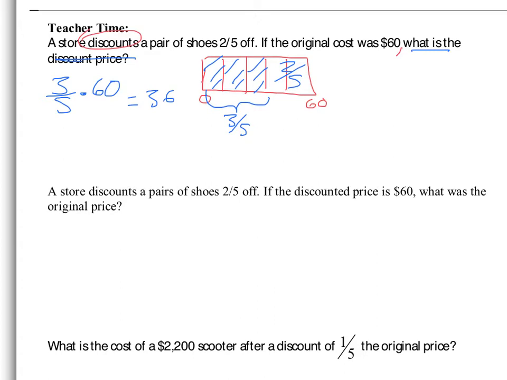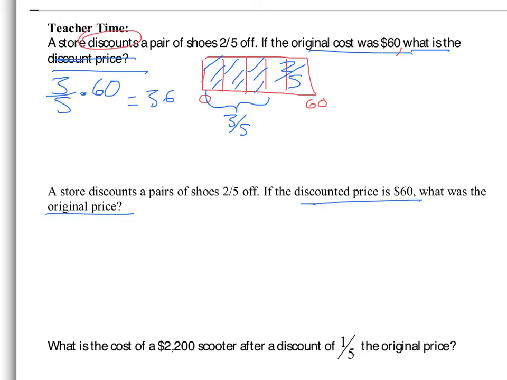But what is the real difference here? Hopefully you notice that this one is asking us for the original price, whereas this one asked us for the discounted price. This one also gives us the original cost, where this one gives us the discounted price.